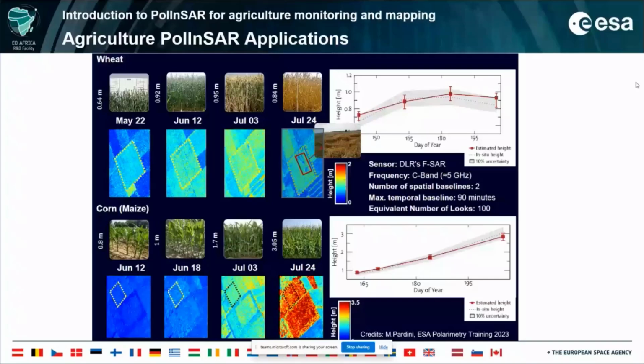You can see a consistent match between the estimated and measured values, allowing us to follow the full phenological stage from the beginning to the end of the growth cycle of the plants. And these estimates also reflect the actual ground conditions. So if the field is not homogeneous and some crops bend, this will also be reflected in the height estimates.